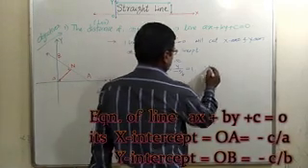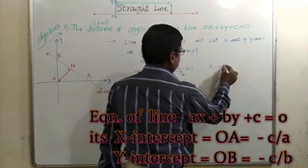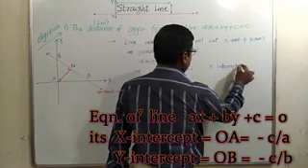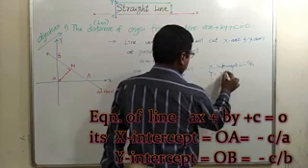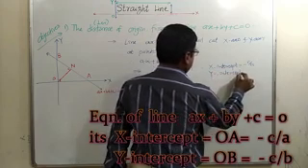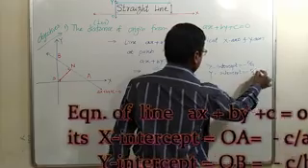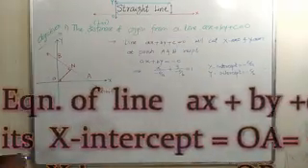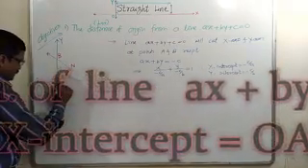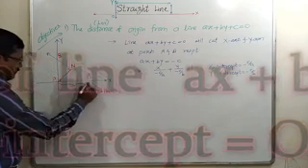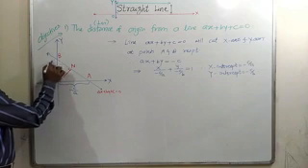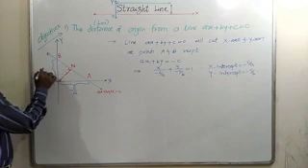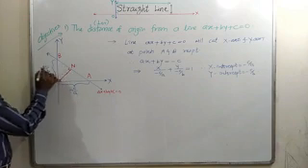Therefore x intercept is minus c upon a and y intercept is minus c upon b, so that we get here two intercepts. One is minus c upon a and second intercept is minus c upon b.